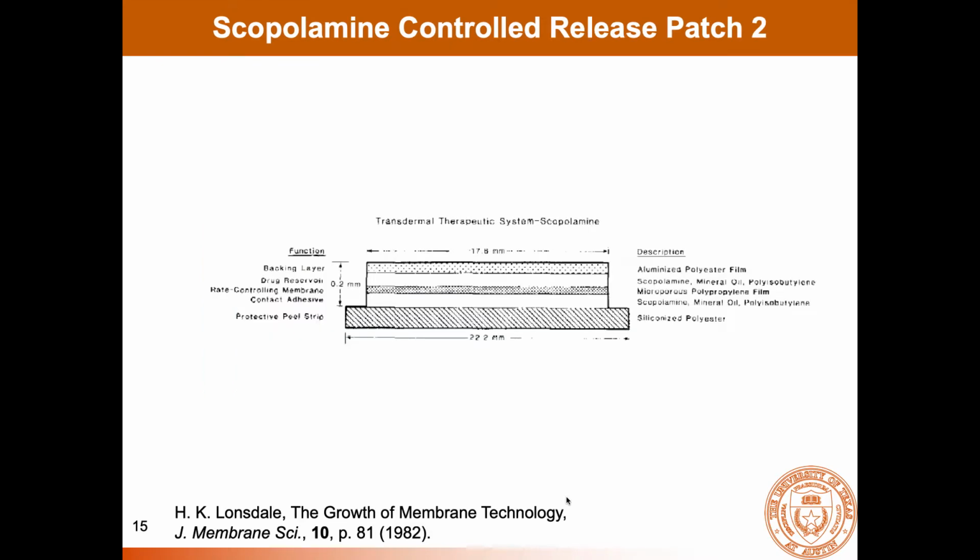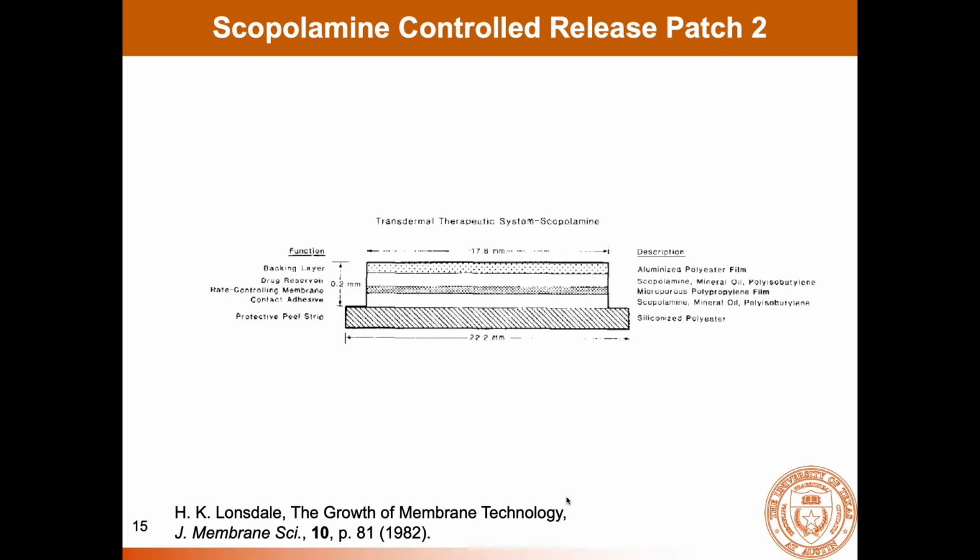This is a cross-section of that scopolamine release patch. It has an aluminized seal on it that you peel off. There's a contact adhesive, a rate controlling membrane, a drug reservoir, and then an impermeable backing, which is this aluminized polyester film.